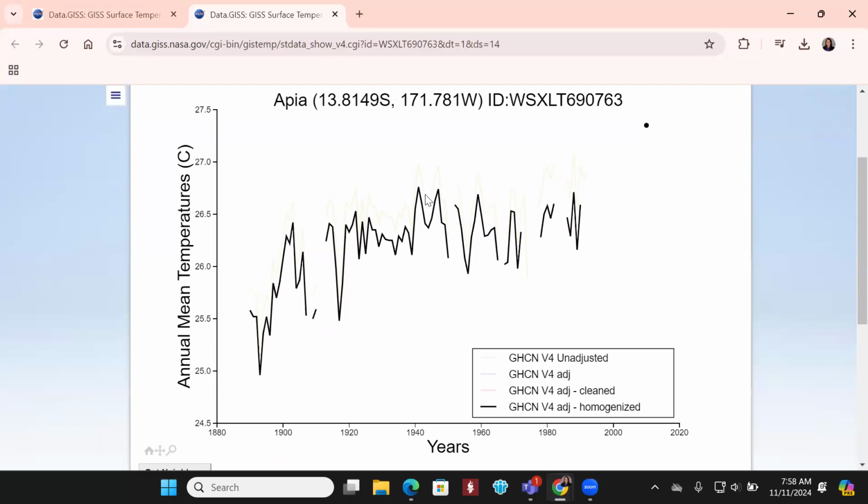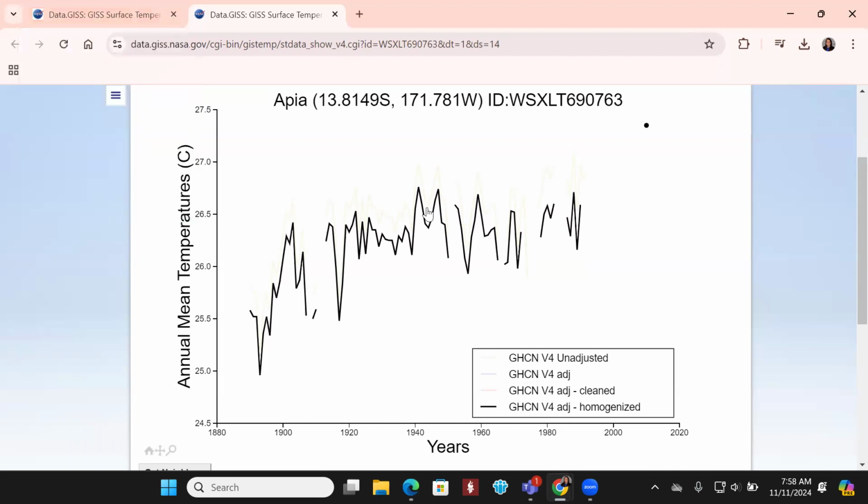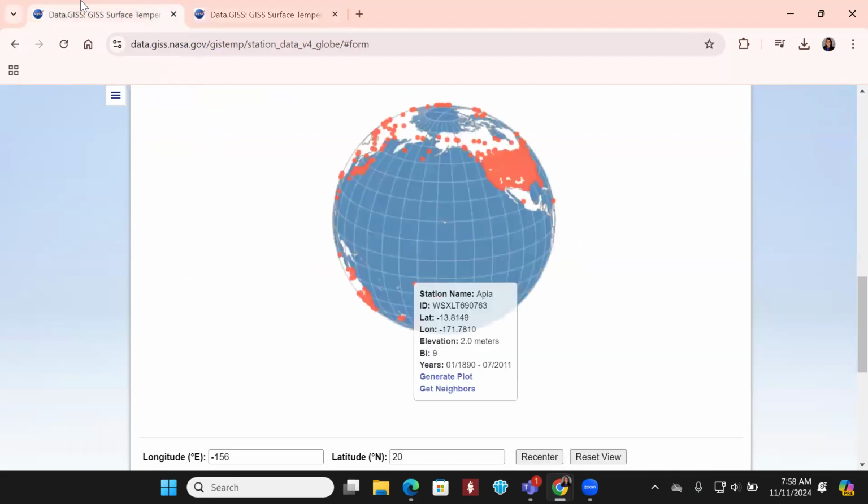That point after 1940. 26.75. And then do the same thing for before as well. Okay, so the after is going to be 26.75. The before is going to be like 26.5.